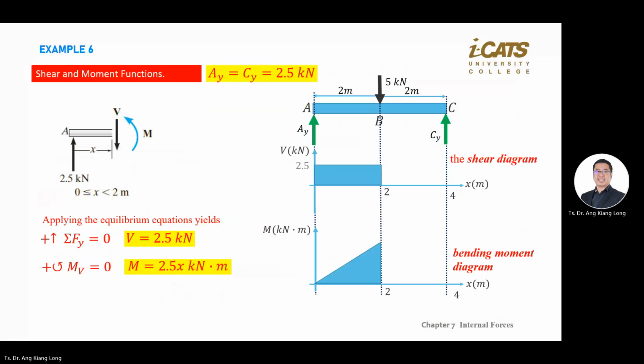Because V tells you it is a fixed value from x equals 0 until near 2 meter. So you draw a straight line from this equation, V equal to 2.5 kilonewton, draw until 2, and then highlight the area.